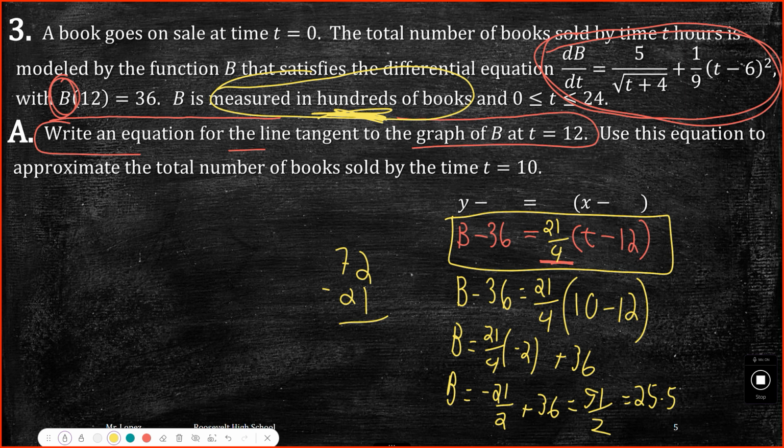So go ahead and multiply 25.5 times 100. What is that? So 2,550. So 2,550 books have been sold by then.